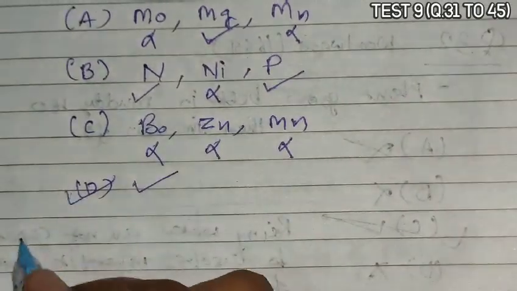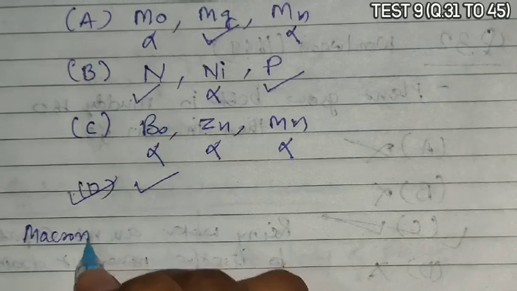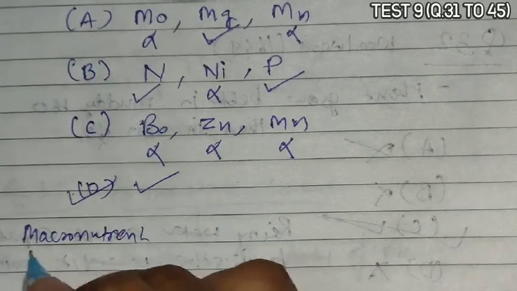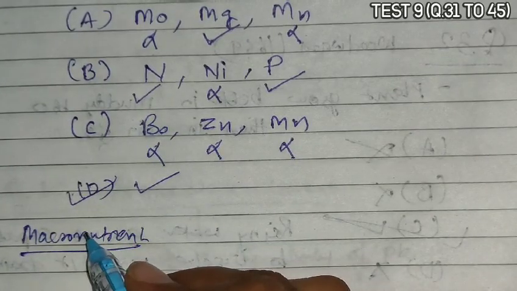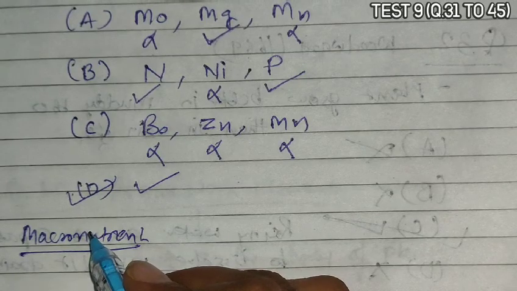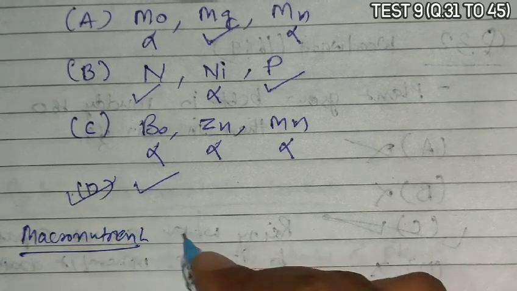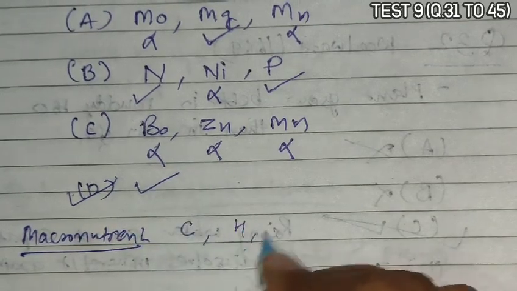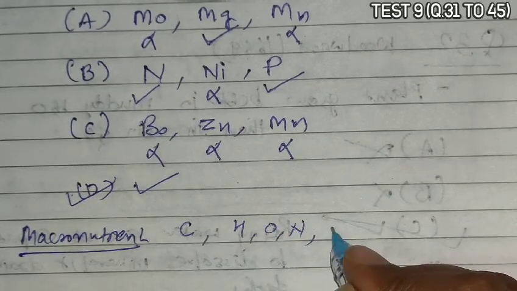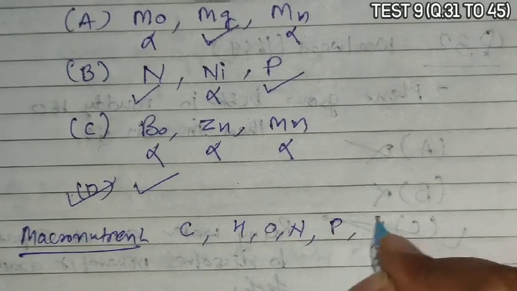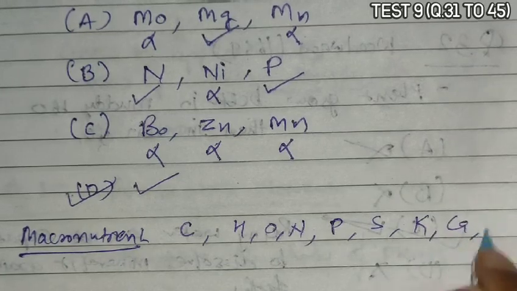Now macronutrients are those essential elements which are present in easily detectable quantities, that is 1 to 10 milligrams per gram of dry weight. The macronutrients include carbon, hydrogen, oxygen, nitrogen, phosphorus, sulfur, potassium, calcium and magnesium.